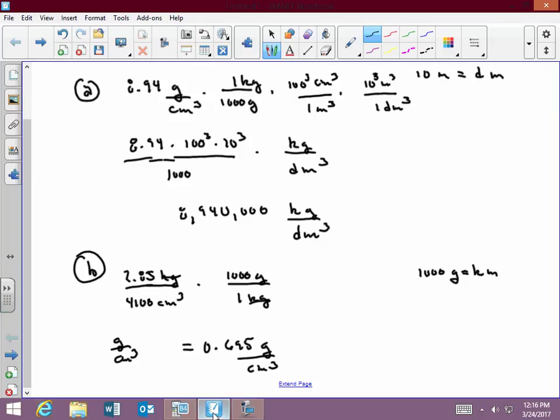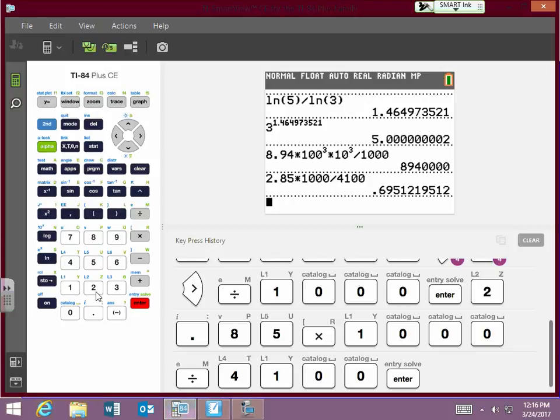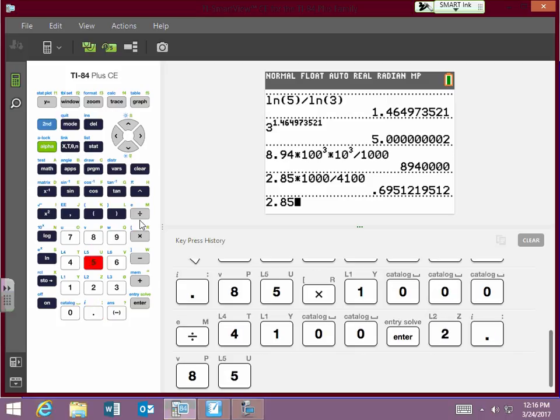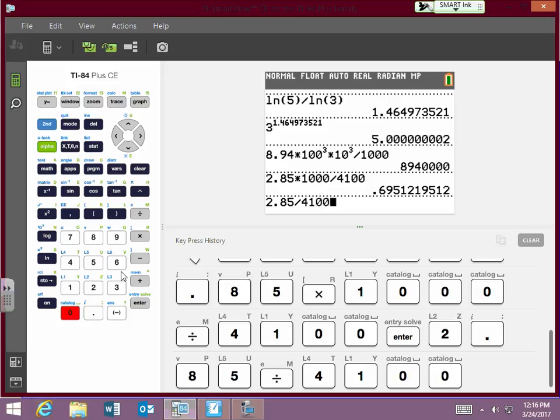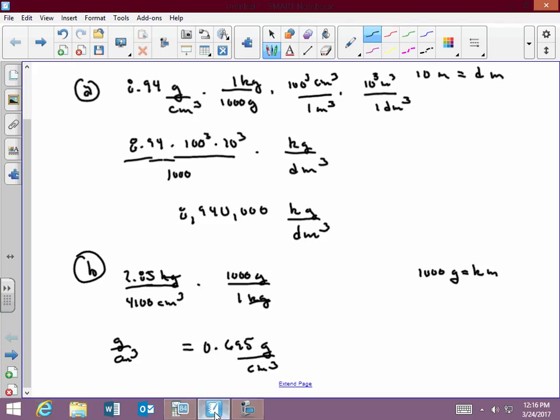See, this is actually 2.85 over 41. 2.85 divided by 41. See, it's 6.95. Okay. Okay, it's 6.95 kilograms per centimeter cubed.